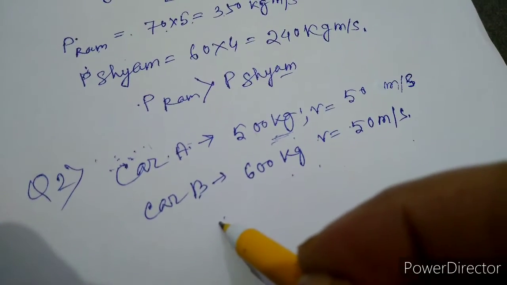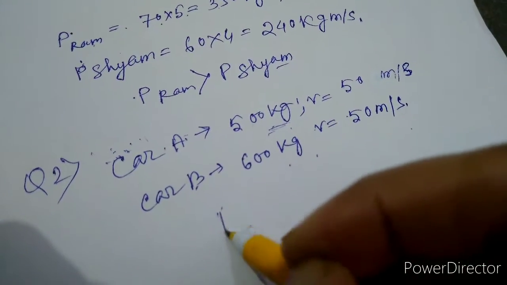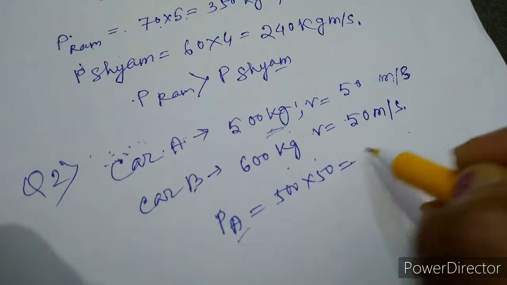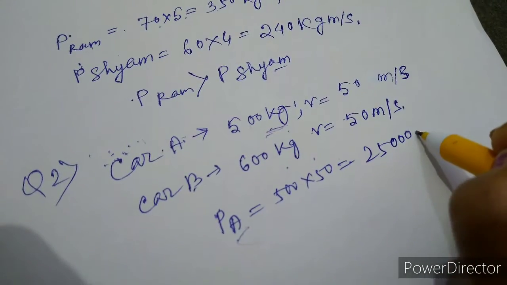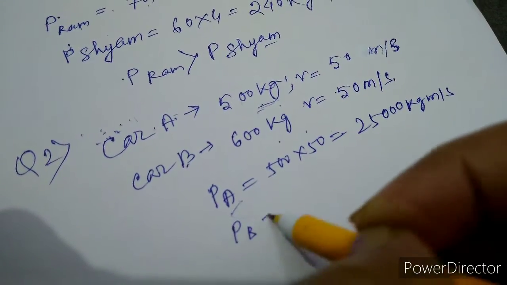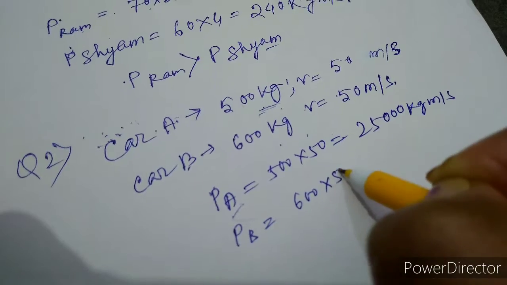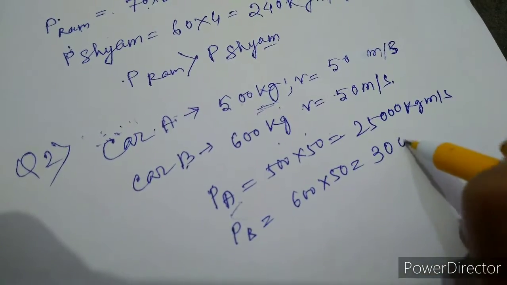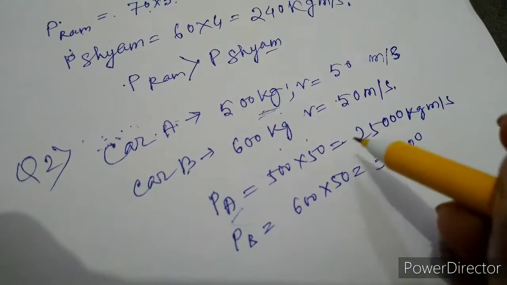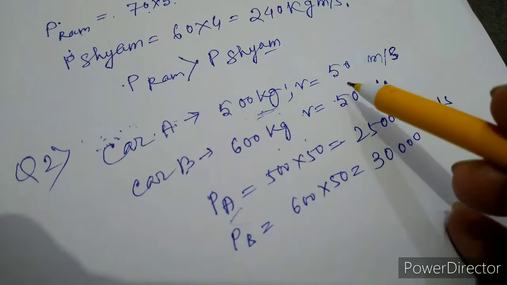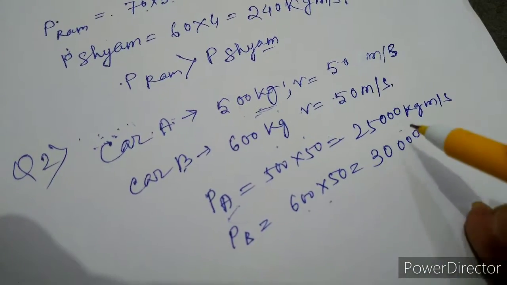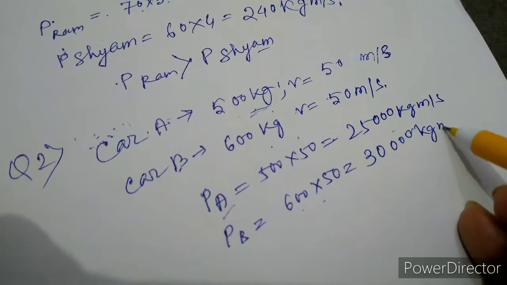So your answer will be: at first you will find the momentum P of car A. P of car A is 500 into 50, that is 25,000 kg meter per second. And the second one, PB, is 600 into 50, so it will be 30,000 kg meter per second.